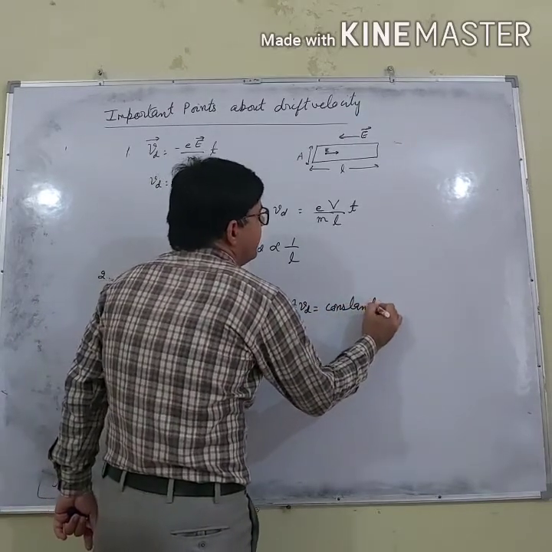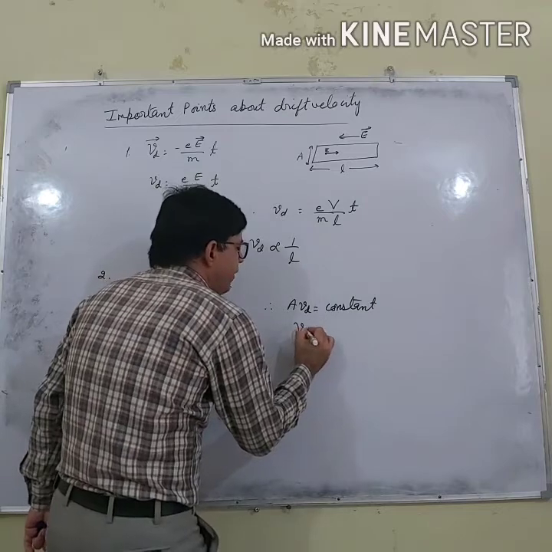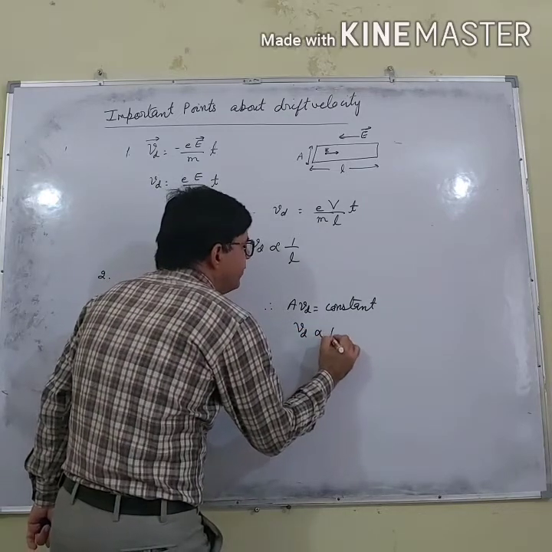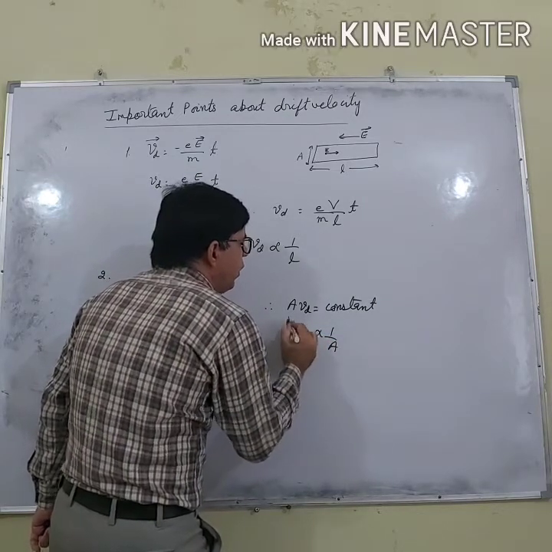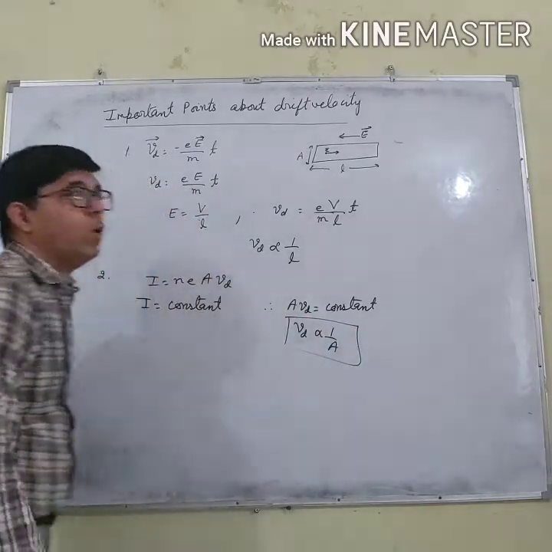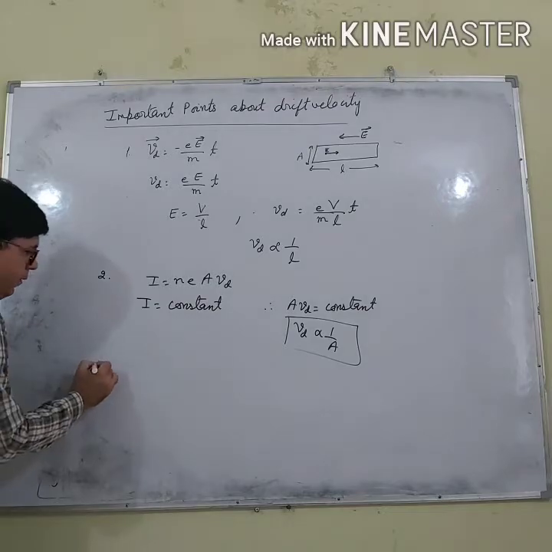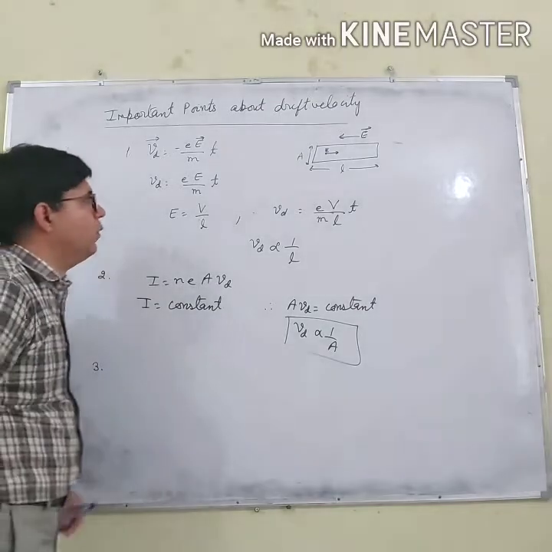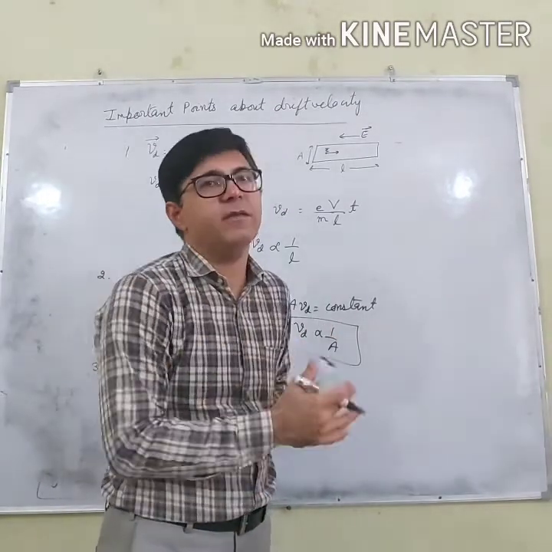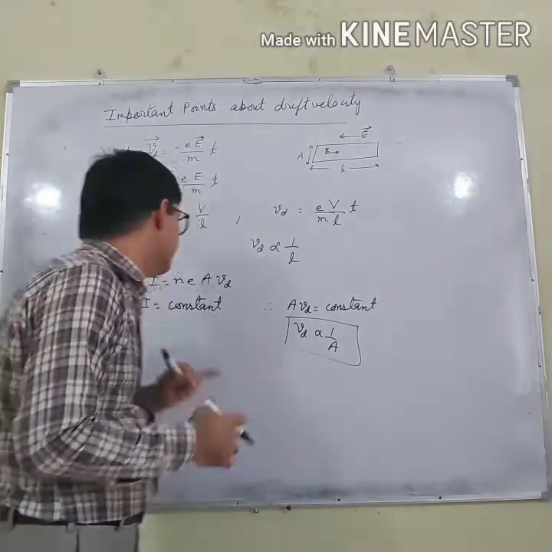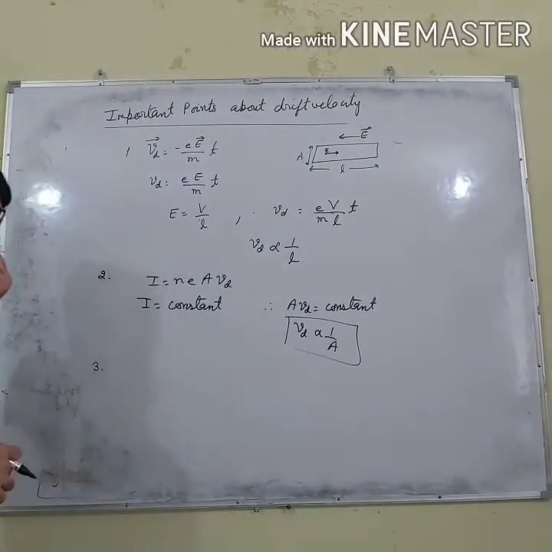So what can I say? That drift velocity is inversely proportional to area of cross section. Right? More is the area of cross section, lesser will be the drift velocity for a given current.